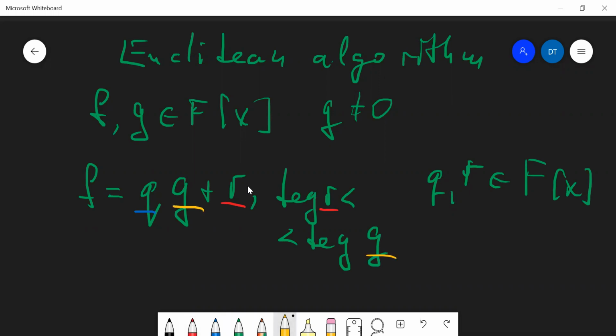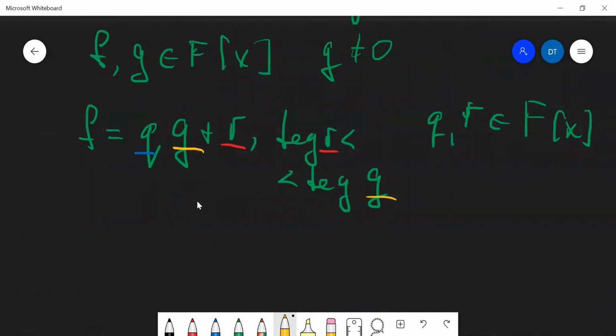In this case, we say that r is the remainder and q is the quotient. And how to determine here what is the divisor? Well, the divisor is the one present in this part of the condition. So if the degree of r is strictly smaller than the degree of g, then we divided f by g.